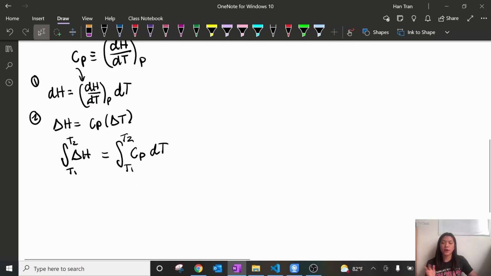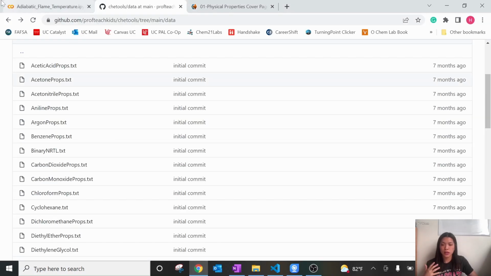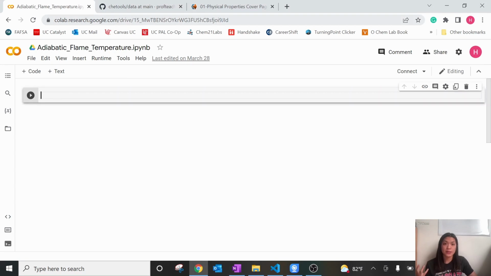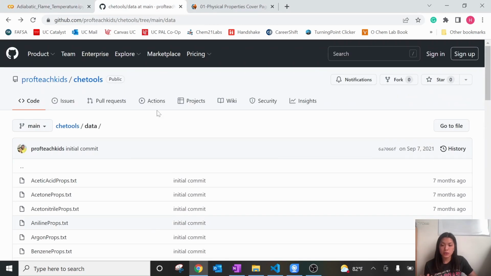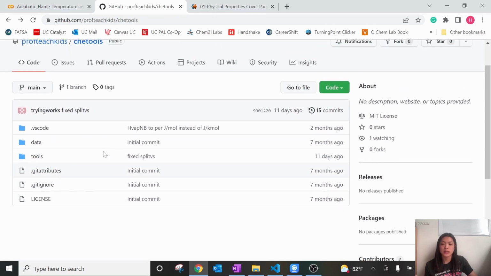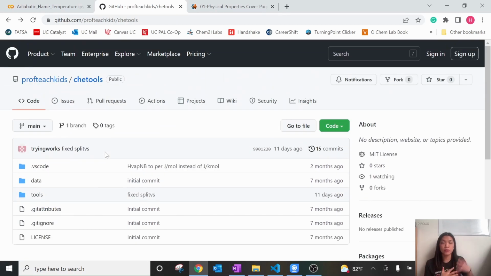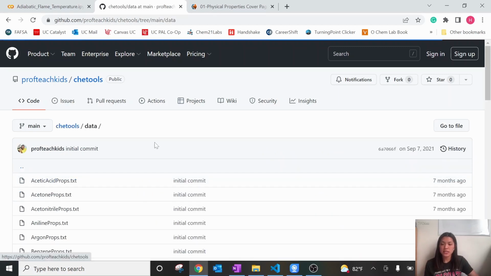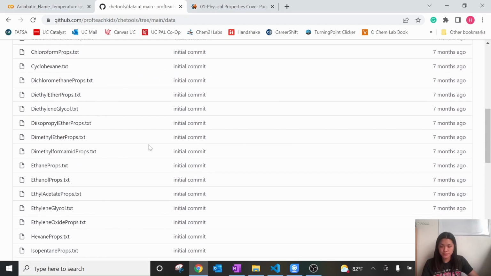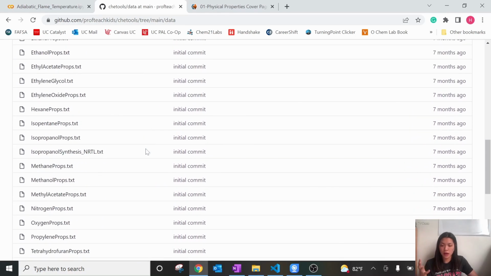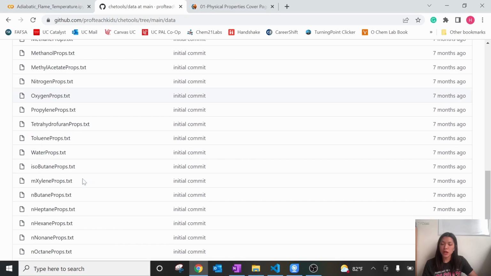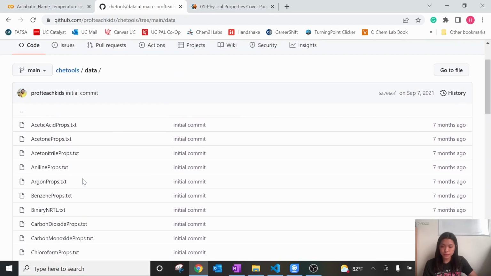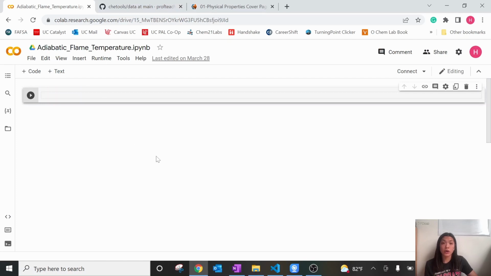And so we're going to take a break from writing out the equations and head over to take a look at our code. Right now we don't have anything, but what we're going to be using for this code is a repository, which is just a bunch of pre-written code that gives us a bunch of data and tools. If we look at the data here, there are all these different properties for all these different compounds, and we're going to use this in our code to get the properties we're looking for.